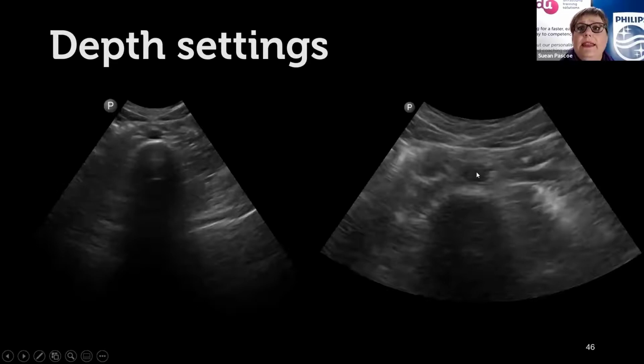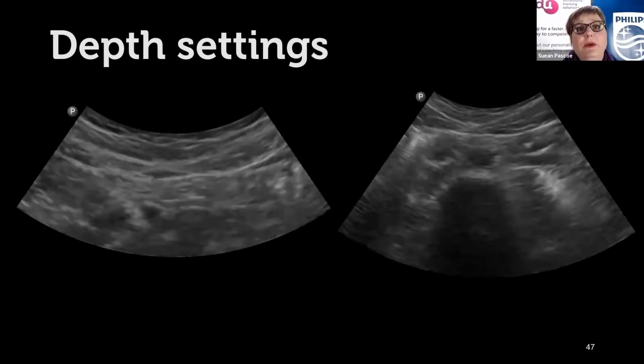The other way that I've seen this go wrong is people, again, the machine's on whatever the last person left it on and you're scared to tweak the buttons, or forget to, or don't have time to, and set the depth way too shallow and then cut off the aorta and so carry on measuring this here, which is the superior mesenteric artery.